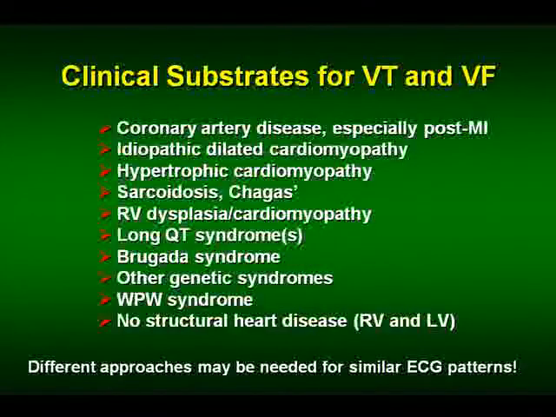It's also important to know that you can get the same cardiogram in different substrates and then require different therapies. Here's just an example. Most of the time we think of post-MI coronary disease.